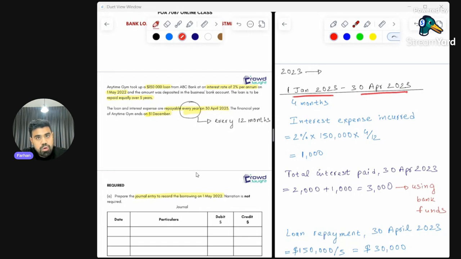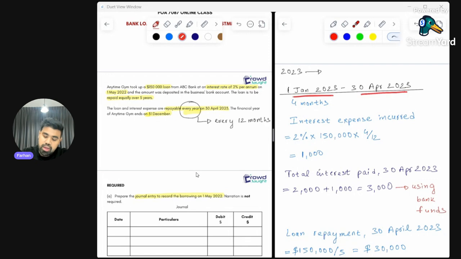Why is that so? Because we are making a loan repayment and interest expense payment at 30 April 2023. Therefore, after 30 April 2023, the loan amount would change, which would definitely create some adjustments for your interest expense calculations. So to begin with, we will look into the first 4 months of Jan, February, March, and April.